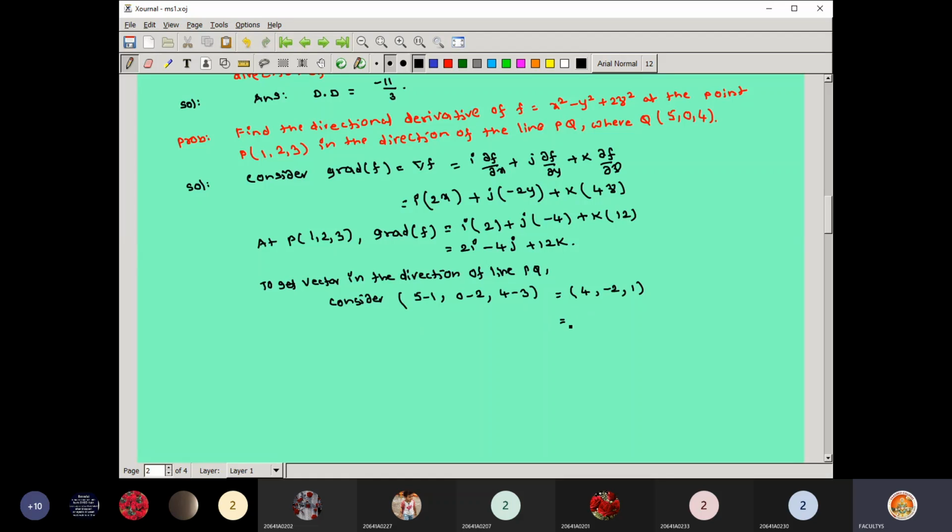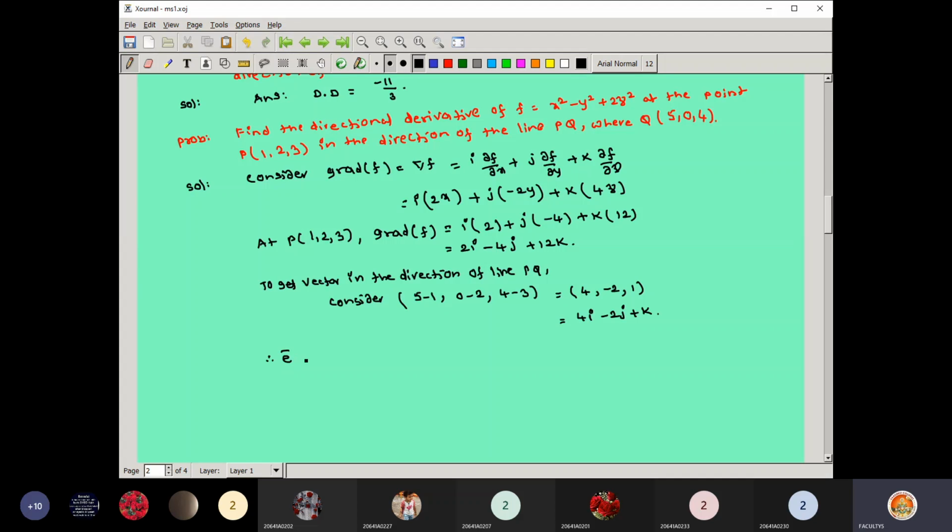And remember, whenever this type of point is given, you can convert it into a vector like this. It is 4i minus 2j plus k. That means the corresponding coordinates are multiplied by the unit vectors i, j, k. So finally we got the vector.